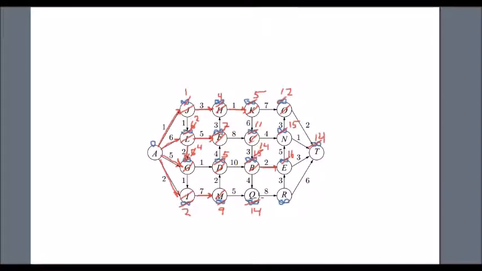And let's see, 14 and 8, that makes 22. Well, this is no, okay, and then we look at 14, well, nothing leads out of this, so we can't improve that. So 15 is the lowest, well, 15 and 1, so we can't improve this one, and no, we can't improve. So that's the final one.